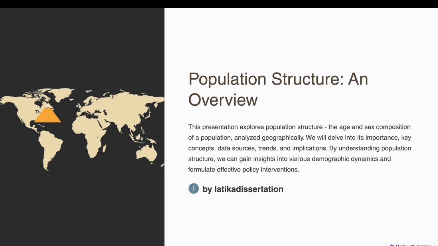For example, it helps us know how many people belong to specific social or religious groups, the proportion of the workforce versus dependents, and the division of population in rural and urban areas. Understanding population structure is not just about numbers, it's about shaping policies, addressing inequalities, and planning for the future.